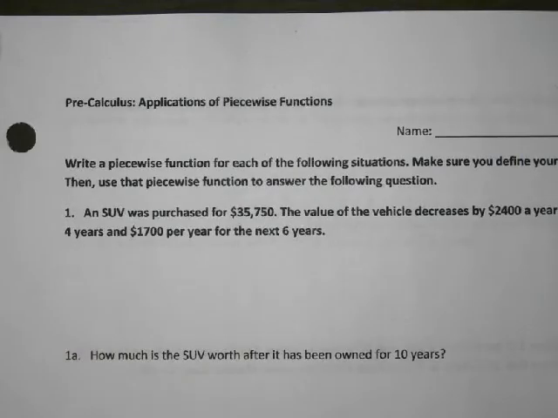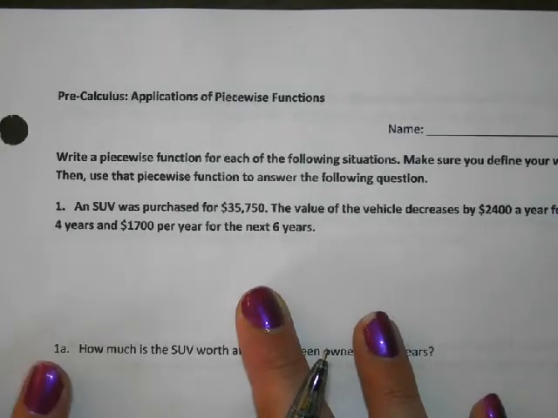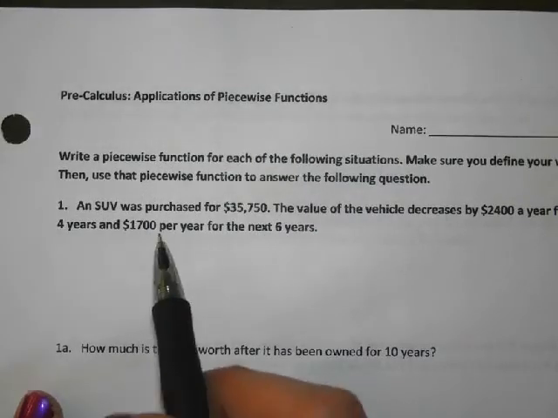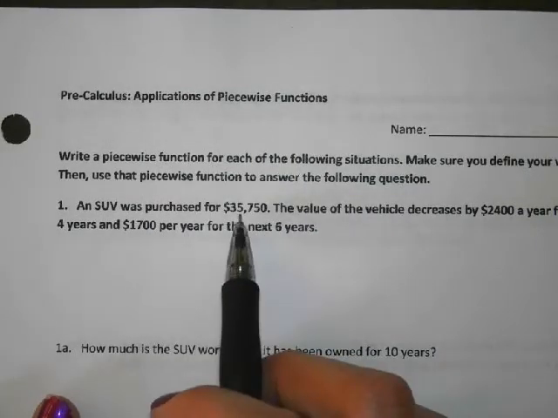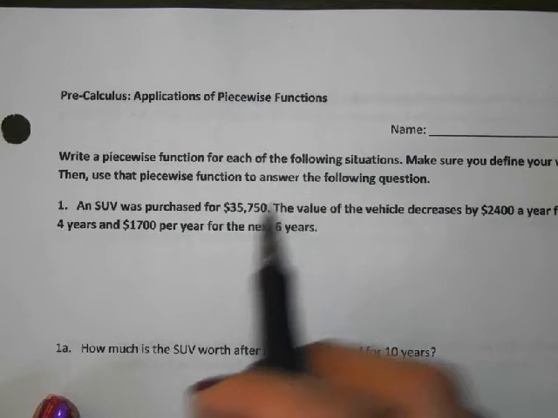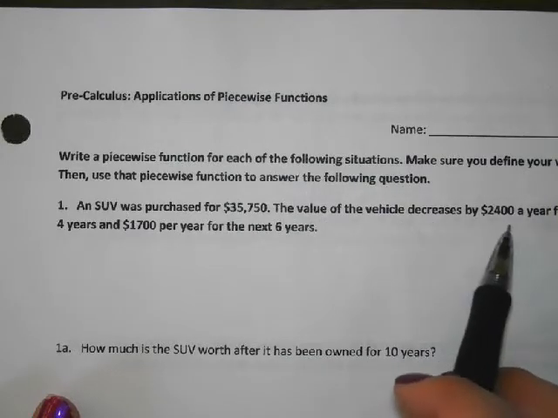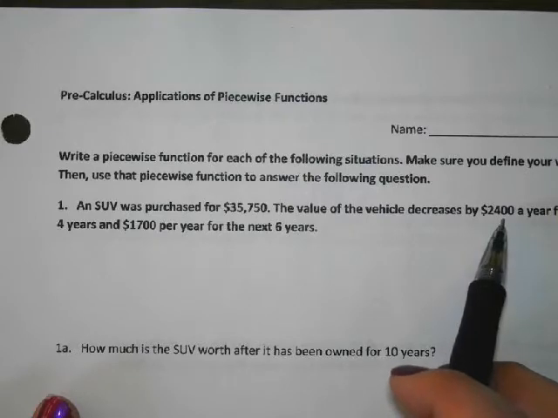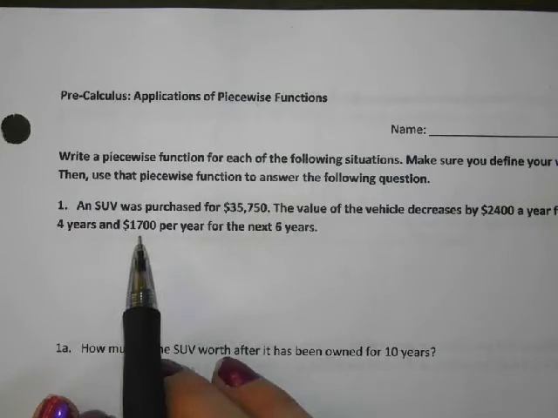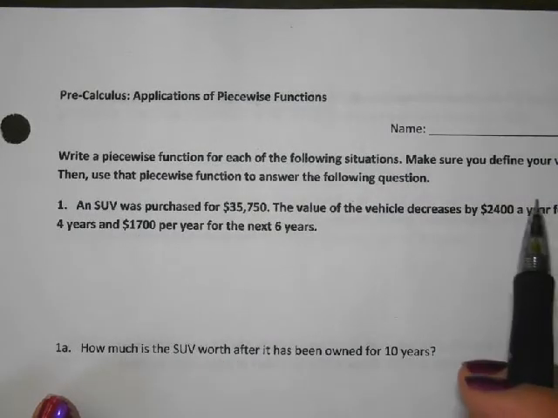All right, here we go. First one. An SUV was purchased for $35,750. The value of the vehicle decreases by $2,400 a year for the first 4 years, and then $1,700 per year for the next 6 years.